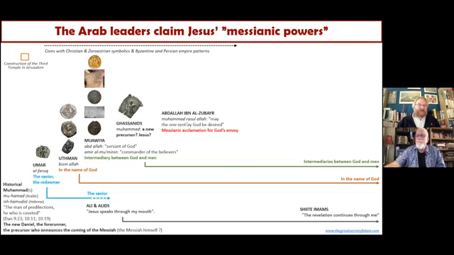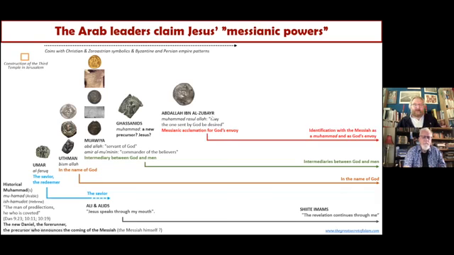We see something brand new with Abdallah ibn al-Zubair, with this Muhammad Rasulullah inscription, this messianic acclamation for the one who is sent by God. We see that the ruler identifies himself with the Messiah as being the coveted one, the worshipped one, and as being the one sent by God.